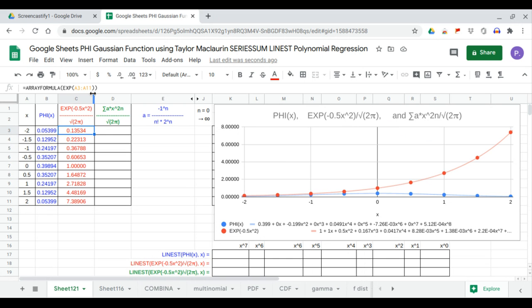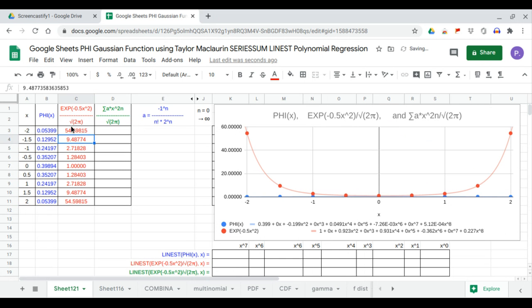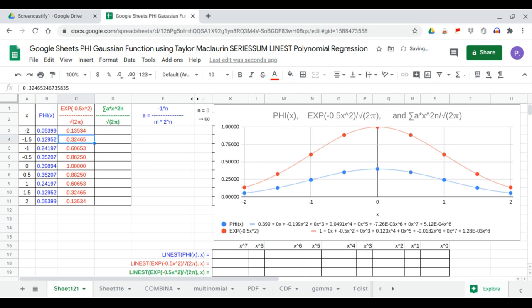So this is x to the power 2 and the negative 0.5, minus 0.5 times. This is the Gaussian function. We'll divide this with square root of 2 pi later on.